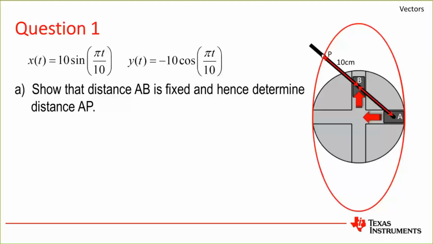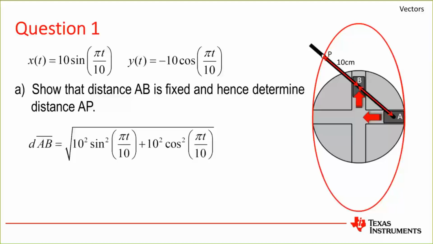And we could use one of Archimedes' predecessors, Pythagoras, to show that distance AB is fixed. So there's the mathematics we're doing on that one. Fairly straightforward.